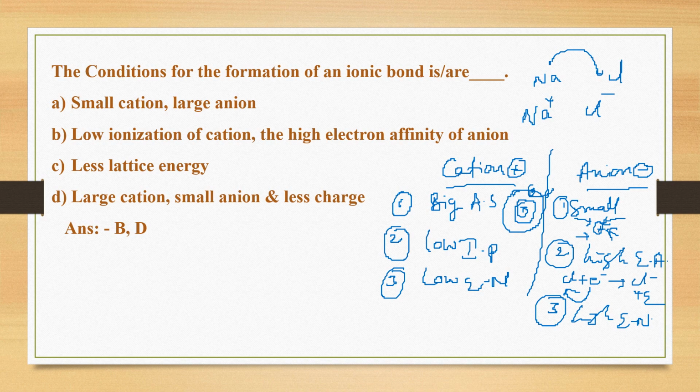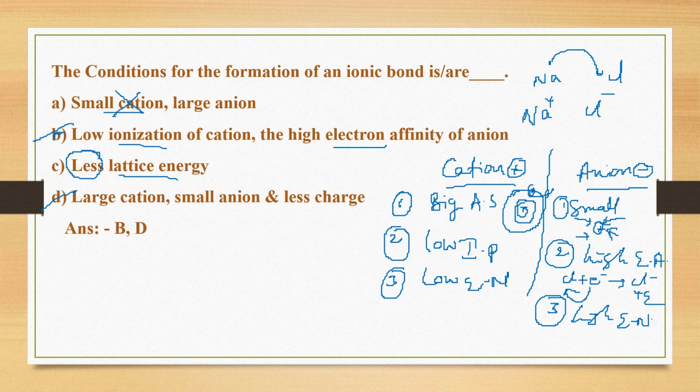So as per our answers, small cation, no, the cation size must be big, very large. Yes, cation size is very high. Low ionization potential of the cation and high electron affinity of the anion is the right answer. It is not less lattice energy. More lattice energy is released, so more is the right answer.